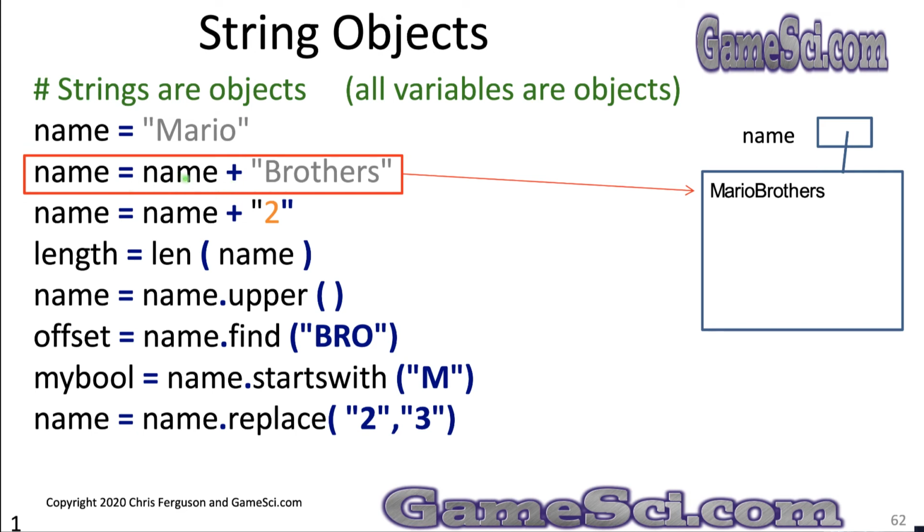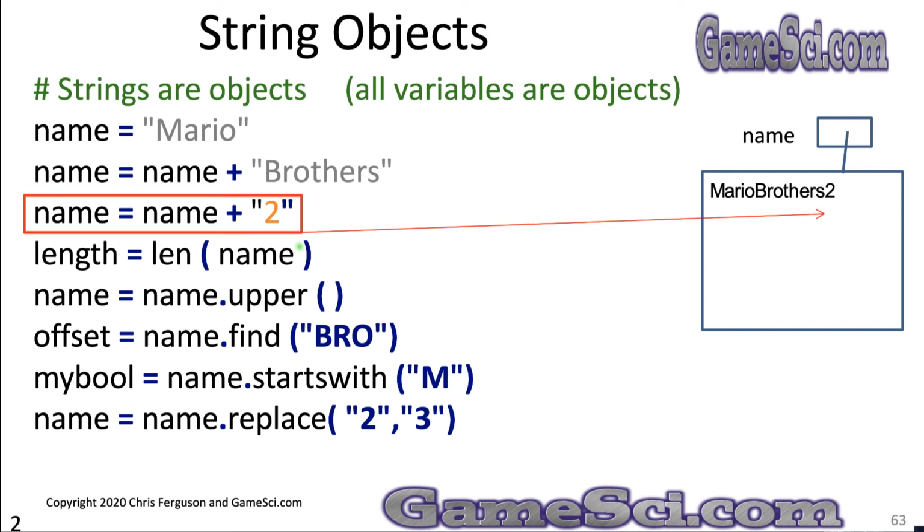Now I'm going to say name equals name plus brothers. I'm going to add the word brothers to the current name, which is Mario, and Mario Brothers gets stored into the object. And what you'll notice here is for strings, Python does support the plus operator. This becomes what we call string concatenation. I want to add a string on the end of the current string.